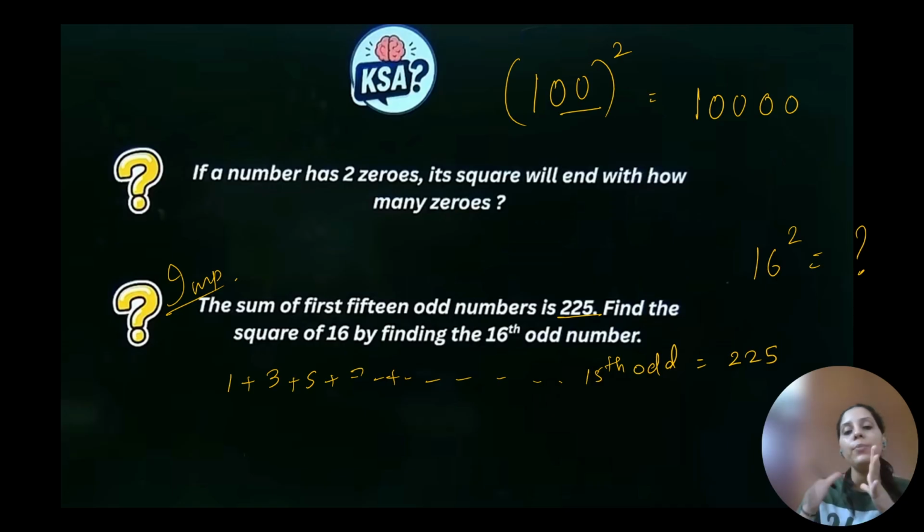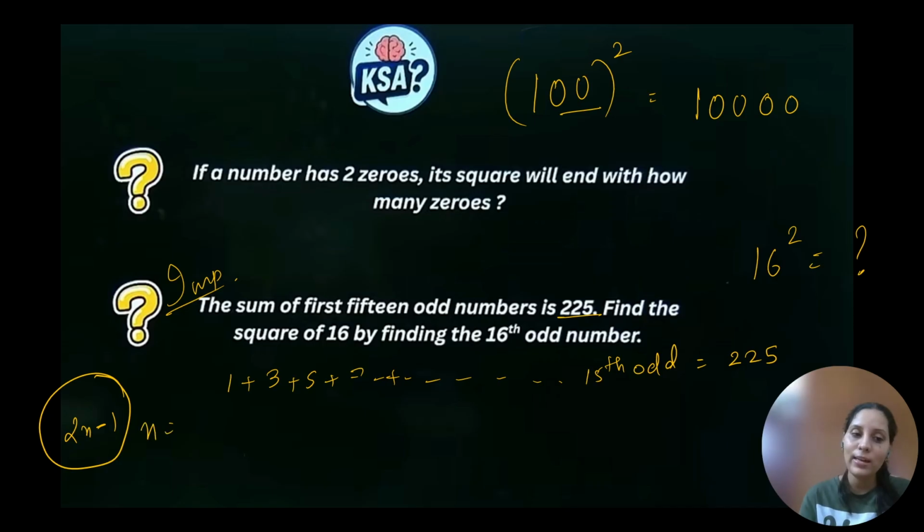Now see, it's a waste of time. If I want to write all the 16 odd numbers, I will take some time, isn't it? So you have a separate formula to find the odd number. That formula is 2n minus 1. This formula gives you whatever odd number you're looking for.